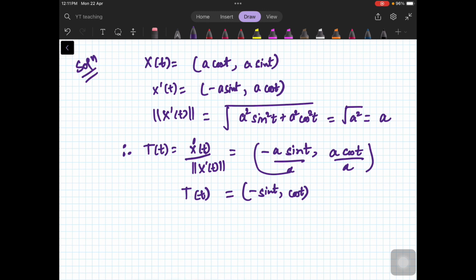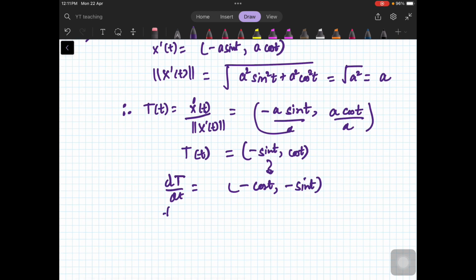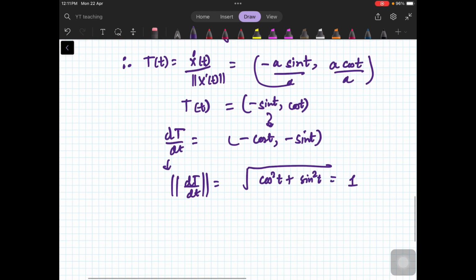So this is my unit tangent vector, right? Now I have to look at dT by dt. If you differentiate with respect to time, that is going to be (minus cos t, minus sin t). And in the definition of kappa, we need the modulus of this. So the modulus of dT by dt is the square root of cos squared t plus sin squared t, which is 1. And then we know that kappa of t is modulus of dT by dt divided by ds by dt. Now what is s here?